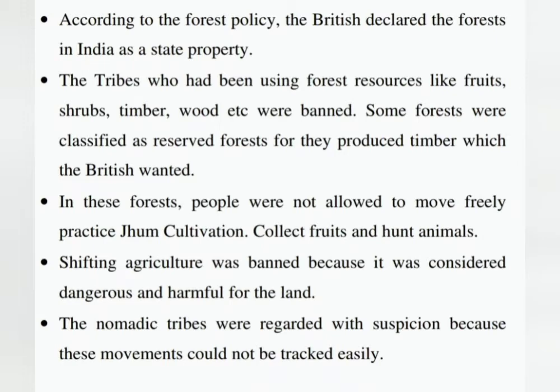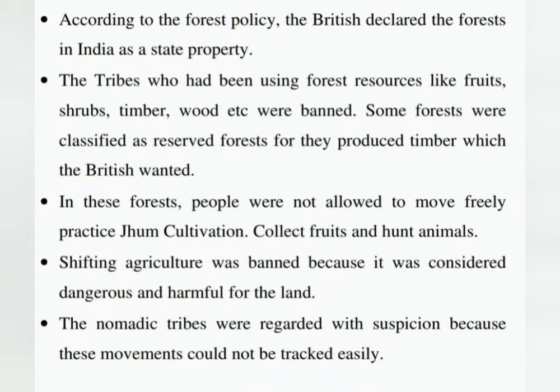According to the forest policy, the British declared the forests in India as state property. Point 2. The tribes who had been using forest resources like fruits, shrubs, timber, wood, etc. were banned. Some forests were classified as reserved forests because they produced timber which the British wanted. Point 3.